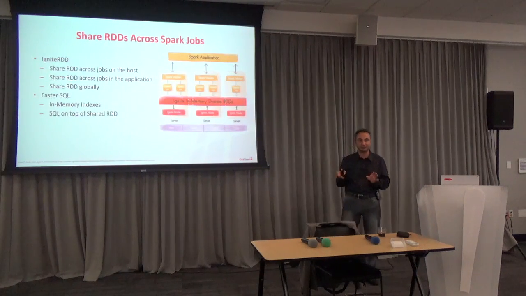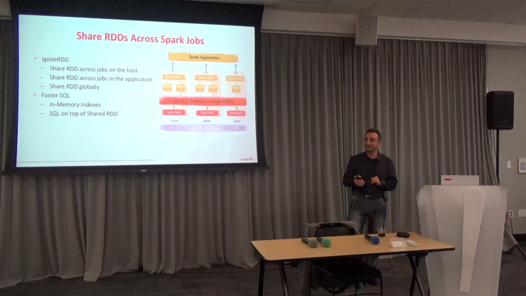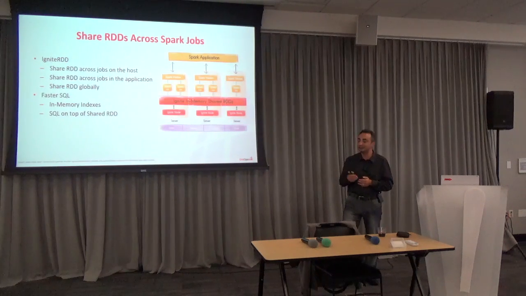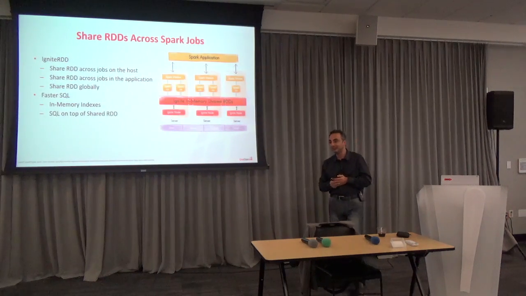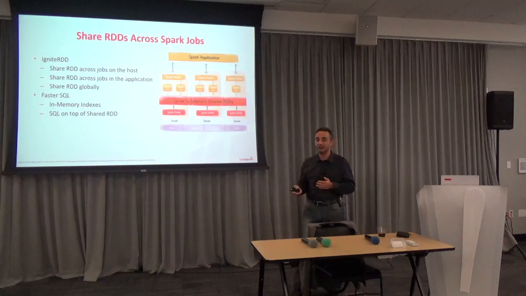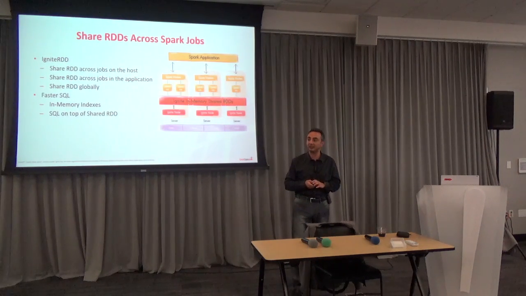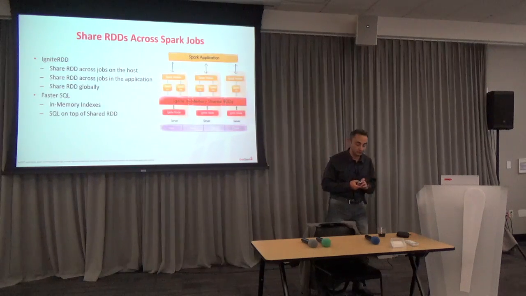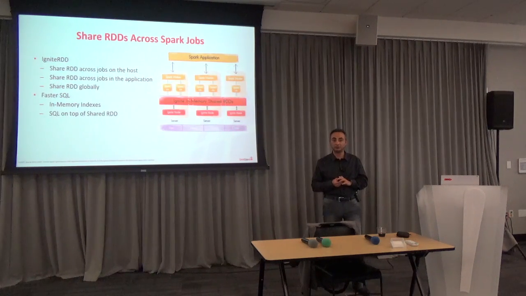And it's not just to share state. Since RDDs are based on top of the data grid, you get a pretty cool benefit. If you remember, I mentioned that we support SQL very well. Our use case is not just to do analytics. Our use case is also to make sure that we can process thousands upon thousands of queries per second.